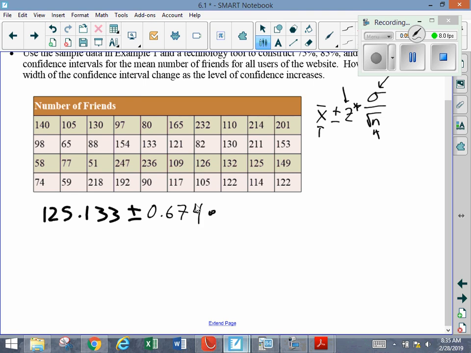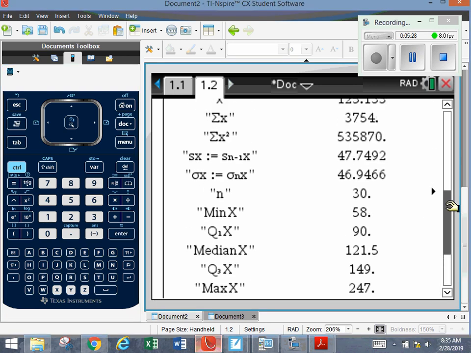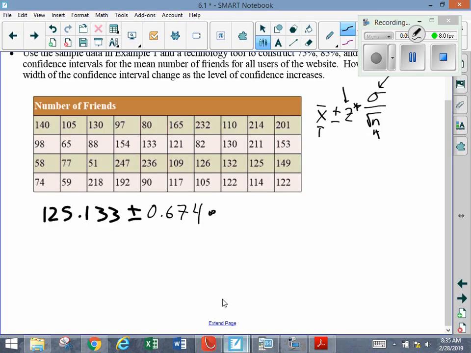Multiplied by my standard deviation that I got from my calculator, which turned out to be 47.749, divided by the square root of 30. Now we just got to calculate this thing.